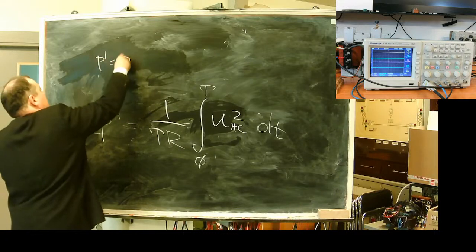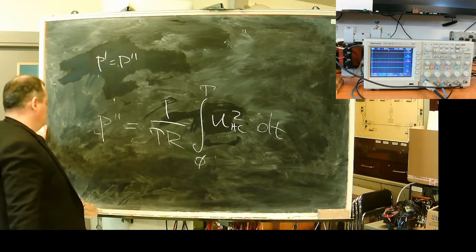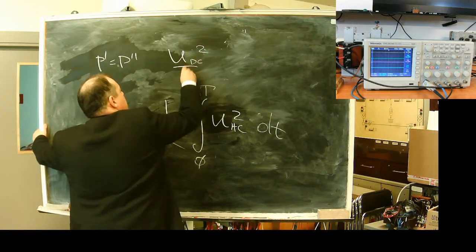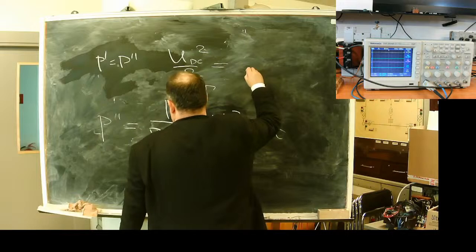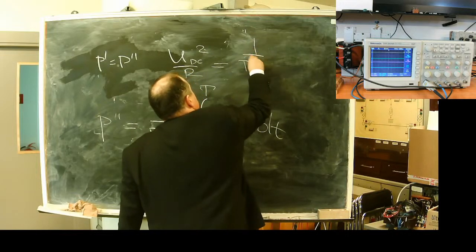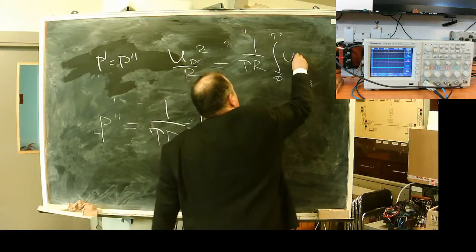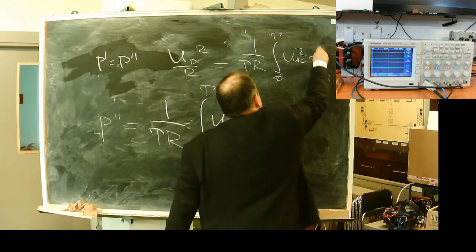We want equivalence. So DC squared divided by R is equivalent to 1 against R, the integral from 0 to T of AC squared.